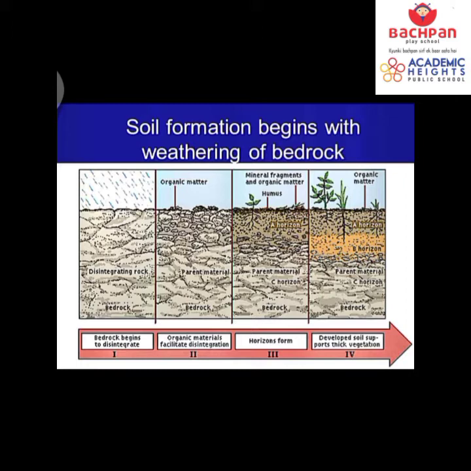It gets mixed with the organic matter. Further, the climatic conditions like rain and temperature also help in the formation of soil. Wind and running water further take the soil from one region to another. So this whole process of the formation of a soil is known as weathering.